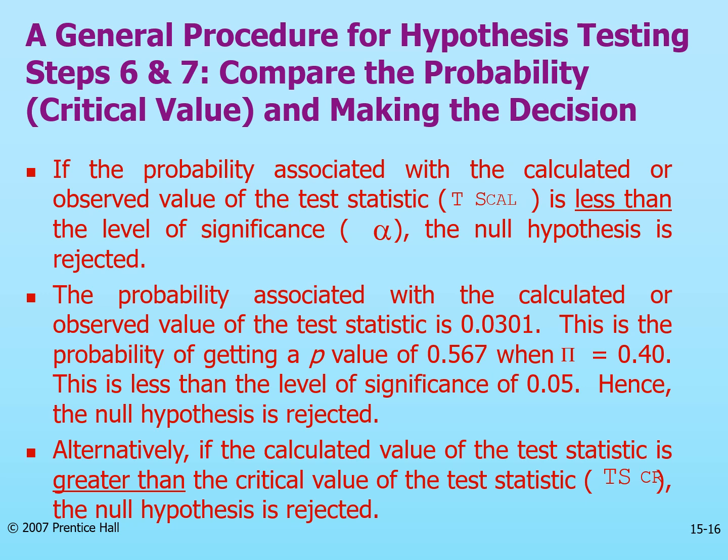0.05. Alternatively, if the calculated value of the test statistic is greater than the critical value of the test statistic, that is the table value, the null hypothesis is rejected.